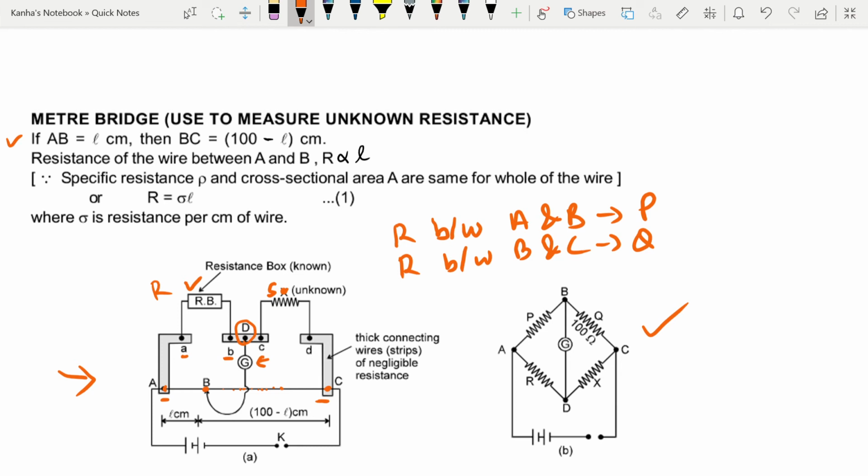If AB is equal to L centimeter, we can easily write BC as 100 minus L. This is the first thing that you should remember.